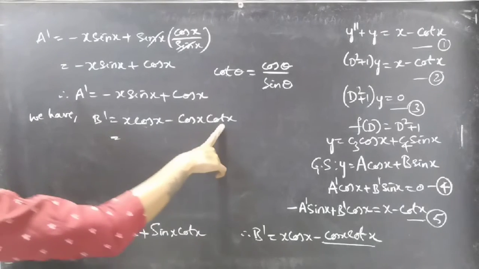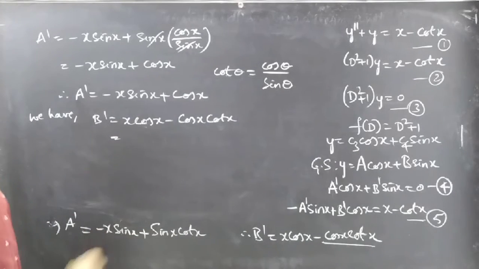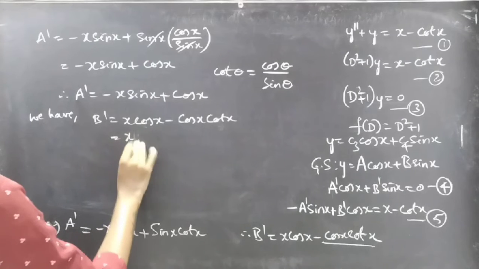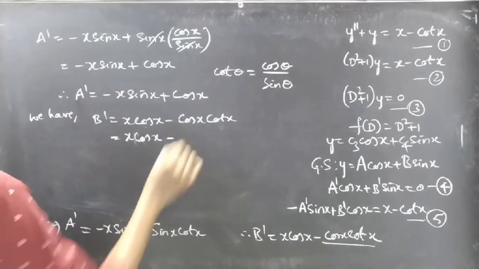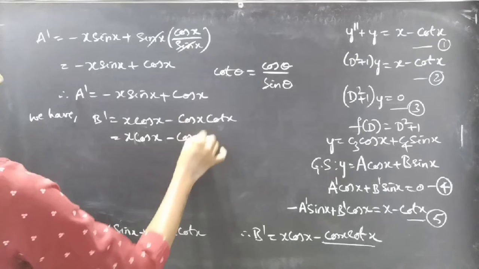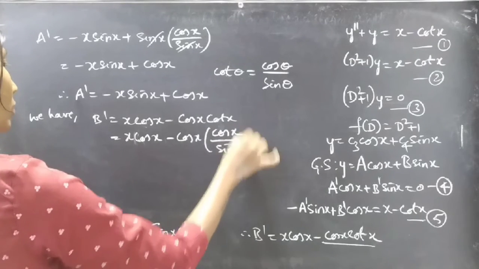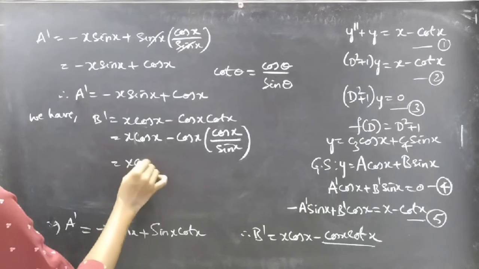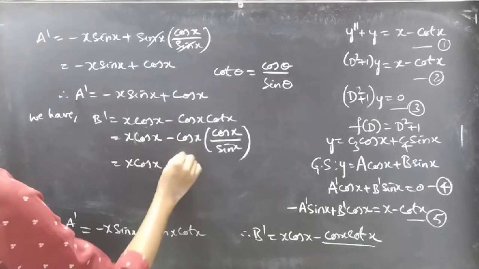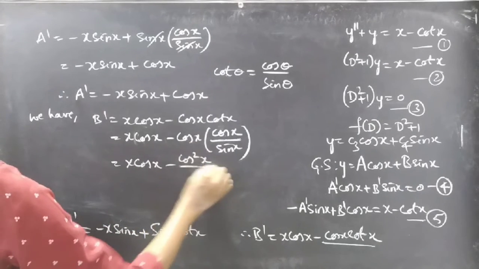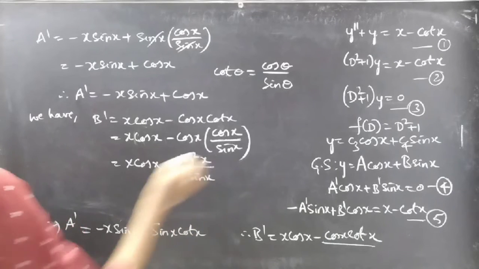Again, we'll replace this cot x with cos x by sin x. So that we'll get b dash equals x cos x minus cos x into cos x by sin x, which gives us cos x into cos x, cos square x by sin x.